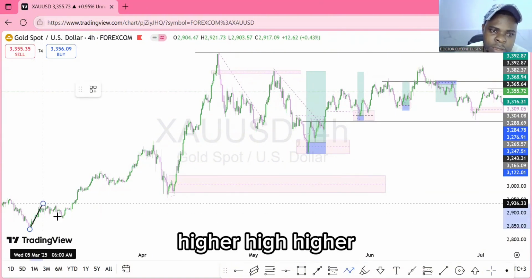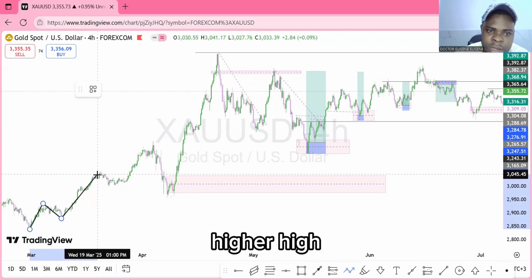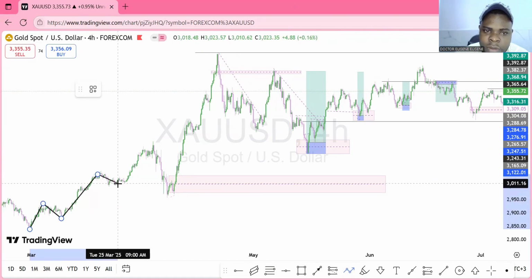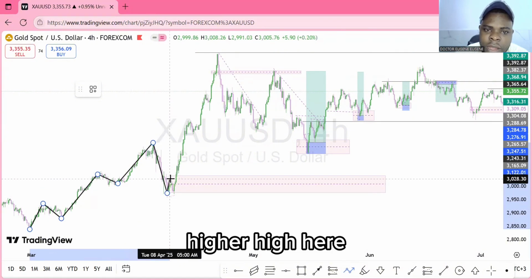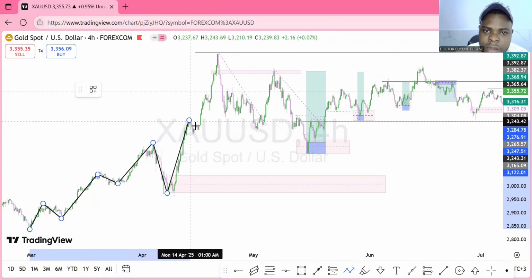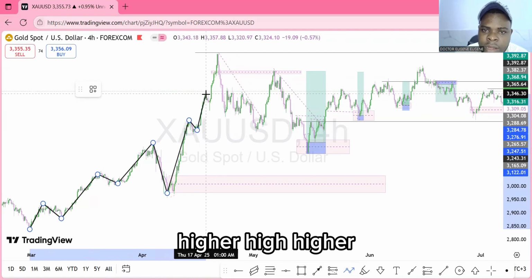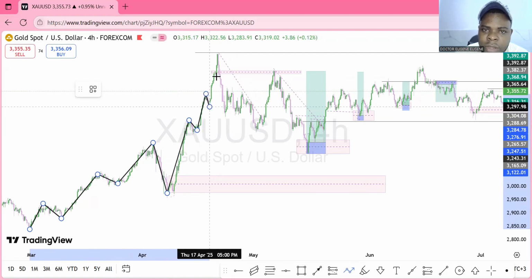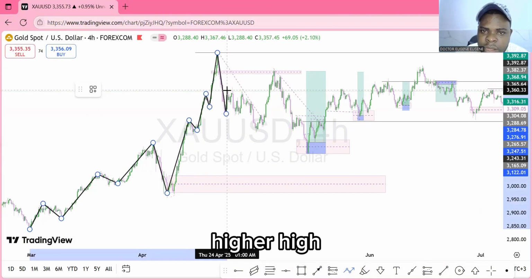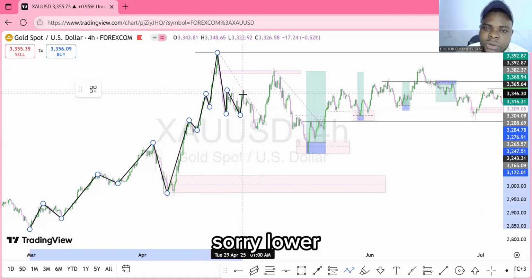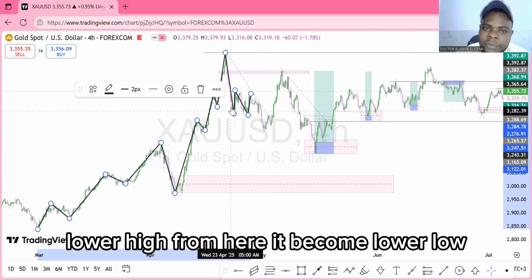Higher high, higher low, higher high, higher low, higher high, higher low, higher high here, higher low, higher high, higher low, higher high here, higher low, higher high, sorry, lower low, lower high. From here, it becomes lower low, lower high.